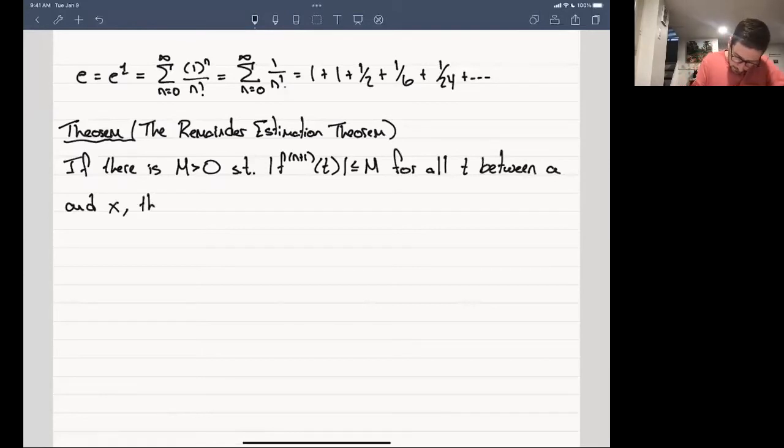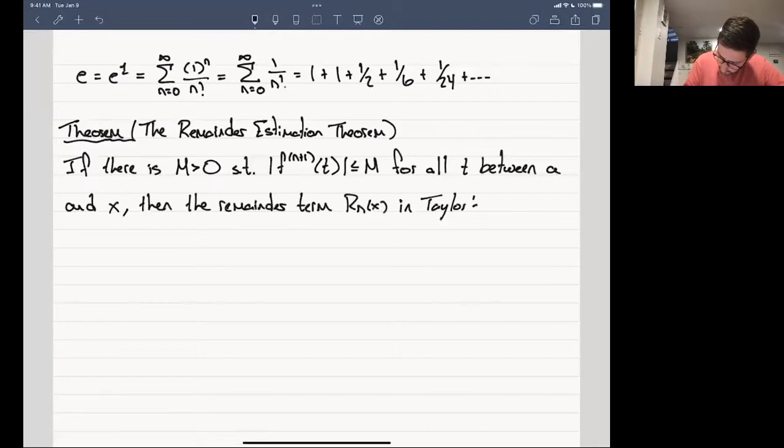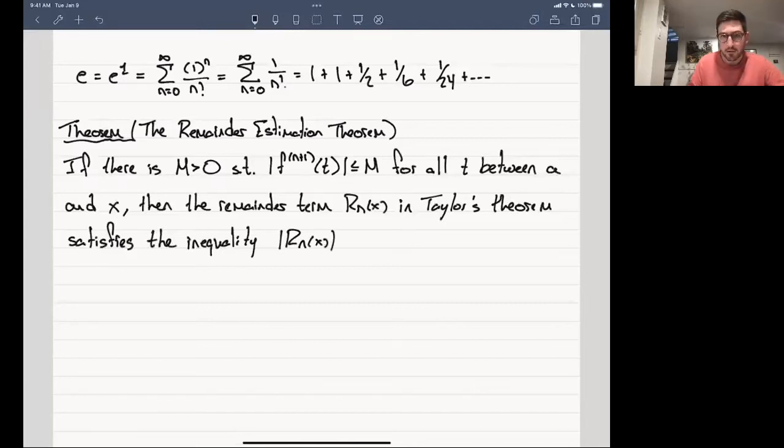Then the remainder term R_n of x in Taylor's theorem satisfies the inequality: the absolute value of R_n of x is less than or equal to M times |x minus a| to the n plus 1, divided by n plus 1 factorial.